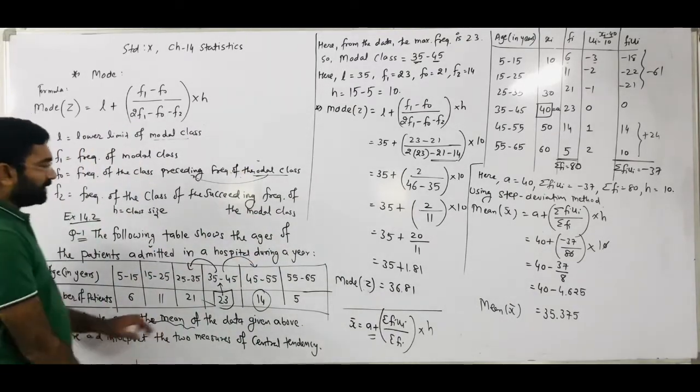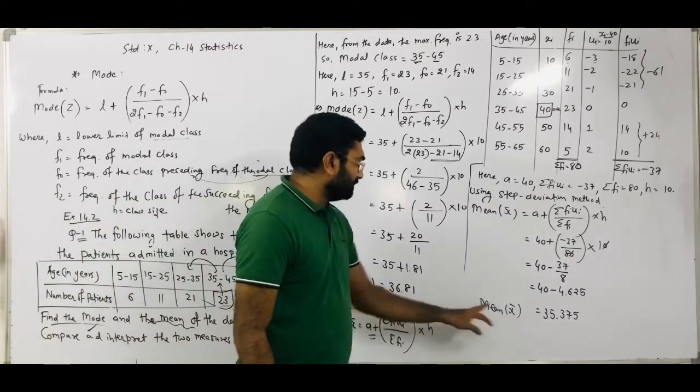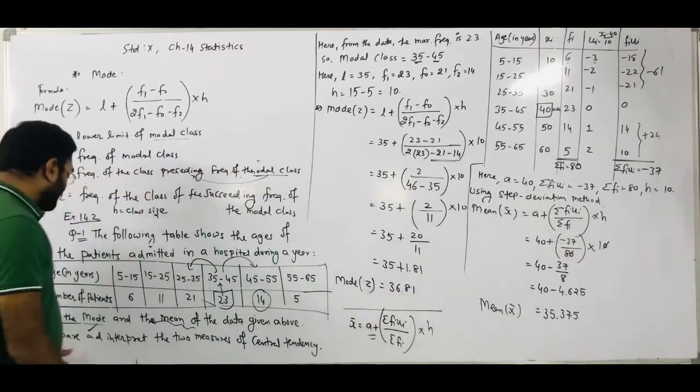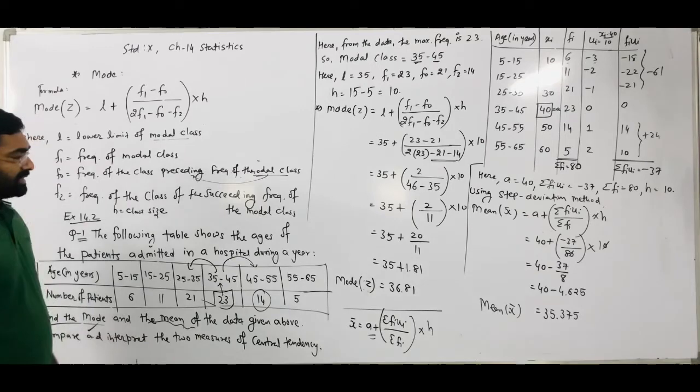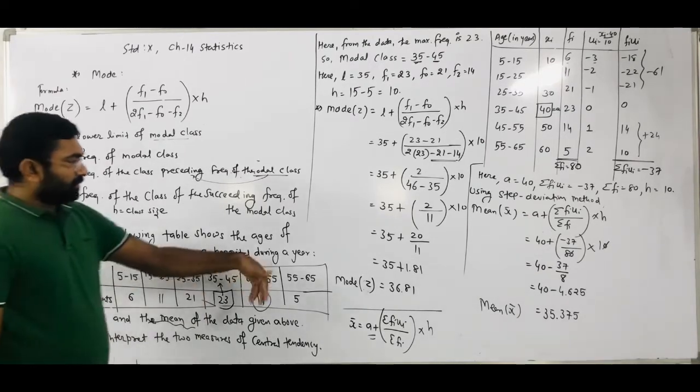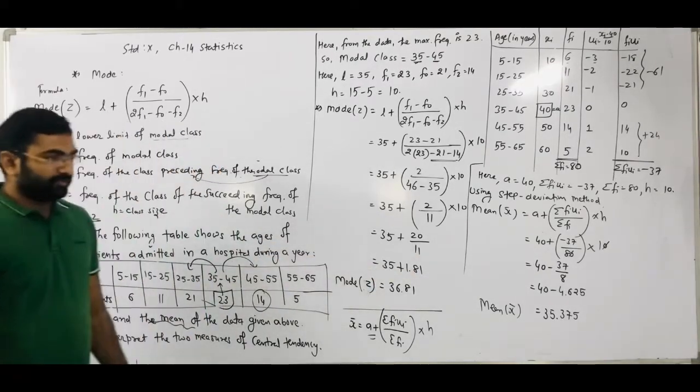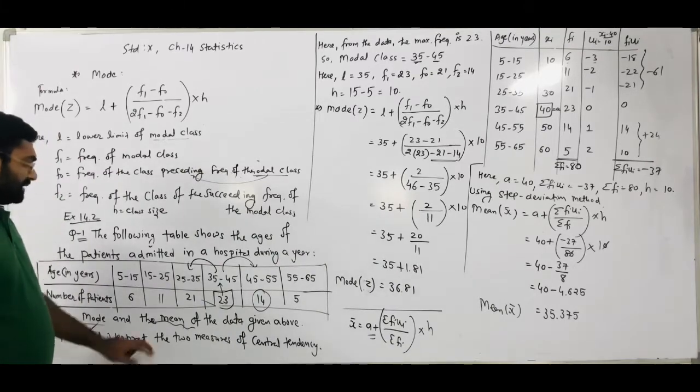So those two data we already defined, mean and mode. Now they said compare and interpret the two measures of the central tendency. Now, what is the meaning of mode and mean? So we have to define its comparison here.